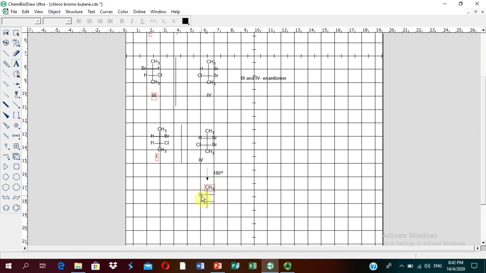So the other side is proton, hydrogen. Same goes to here, it is Br. This is Cl.